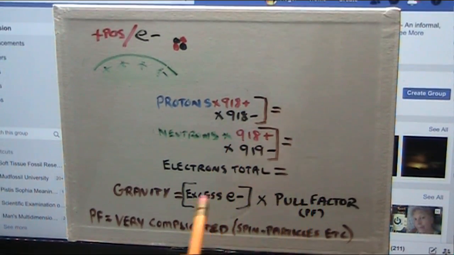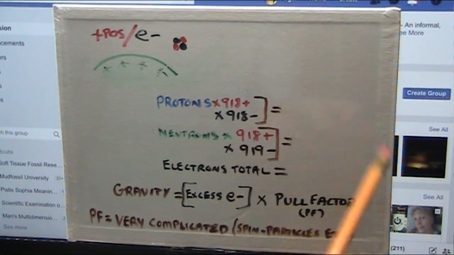That's gravity, and gravity equals the excess number of electrons times the pull factor. Now, what is the pull factor? The pull factor is how big the Earth is. The Earth is a pull factor of 1, let's say. Jupiter is a pull factor of 5, whatever it is. The Sun is a pull factor of 100, 1,000, whatever. It's just a number of electrons more.